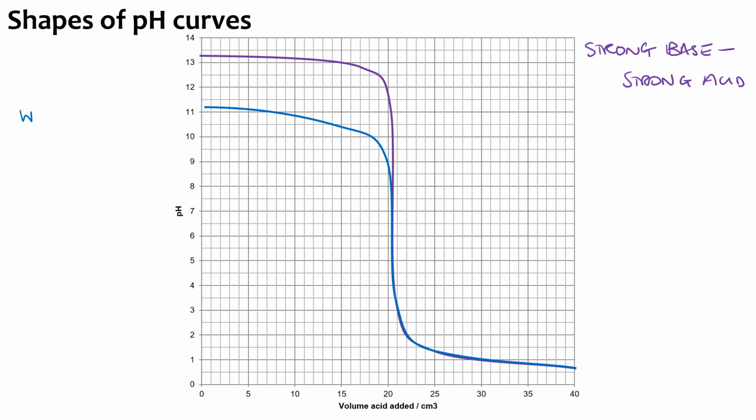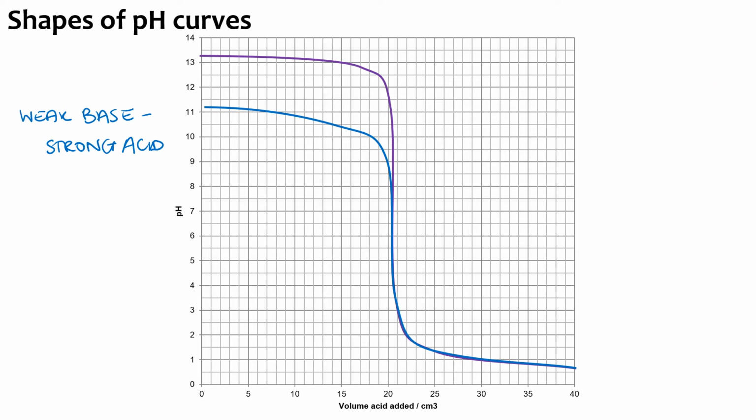So this is actually starting off with a weak base instead of the strong base. But because we're still ending up with a strong acid, this would be a weak base, strong acid titration. Not able to write today for some reason. So those are those two. Now we're going to write down and have a closer look at the shapes in just a second.